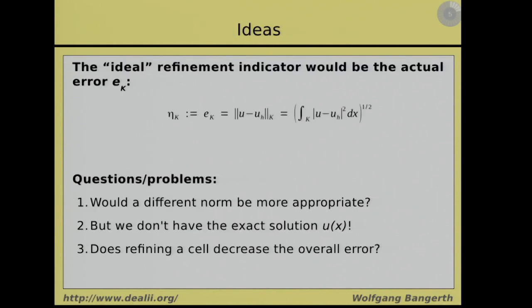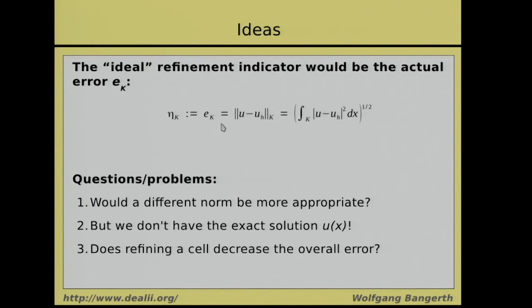So conceptually, if we want to, let's say, not just base things on heuristics like the interpolation error, then maybe we can look towards the actual error. So let's say in an ideal world, what I would really like to do, of course, is define these refinement indicators based on the true error.